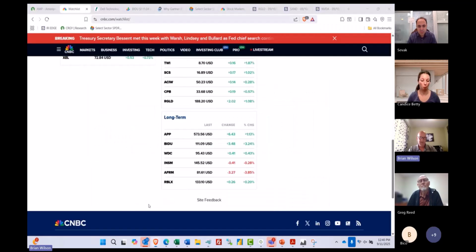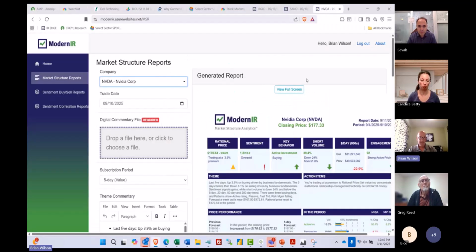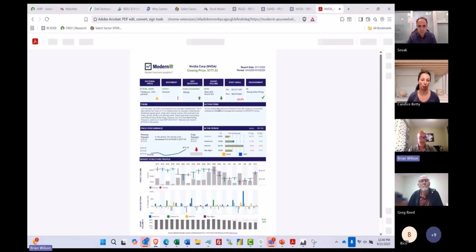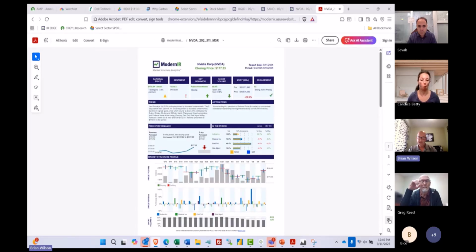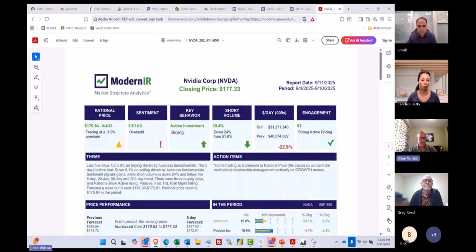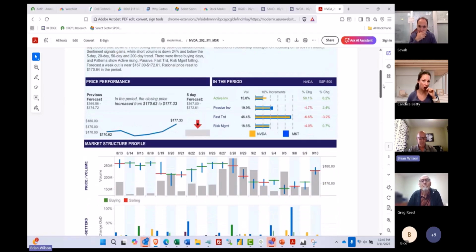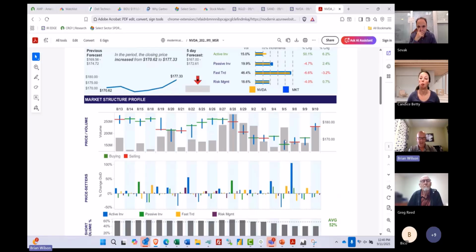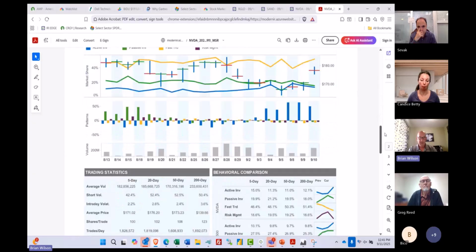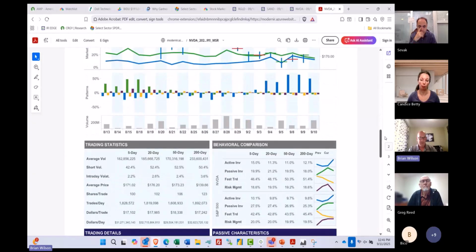Let's go take a peek for a second at what's happening in terms of the actual data. And this is Modern IR data. It's our sister company. And what I want to share with you is what was happening behind the scenes as share price started to slide a little bit. Who was bringing some of that pricing pressure?